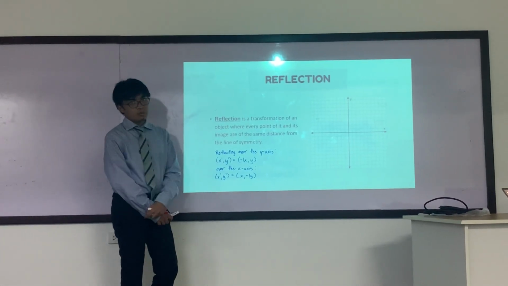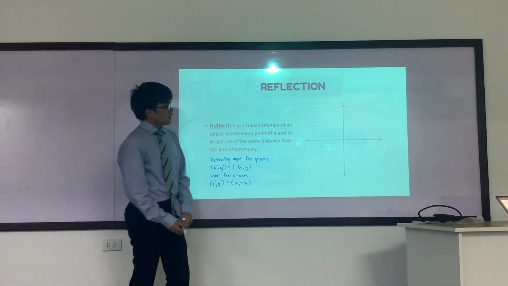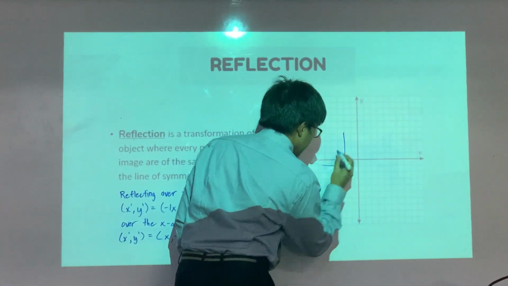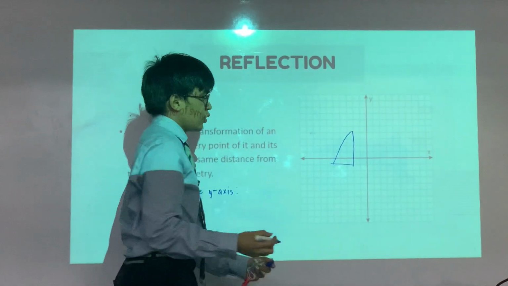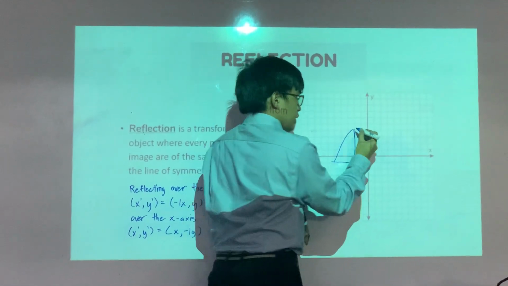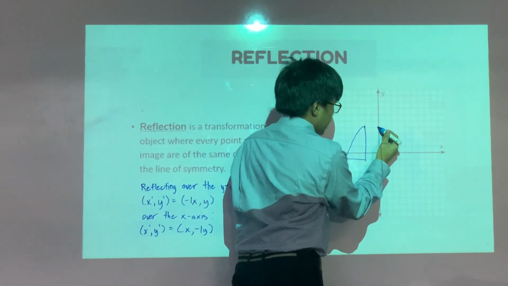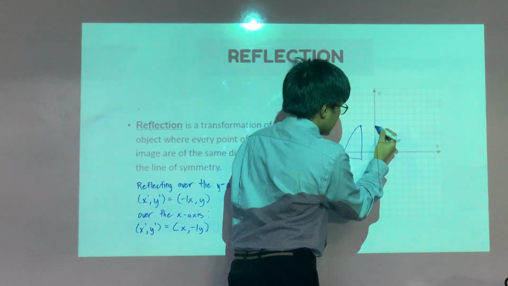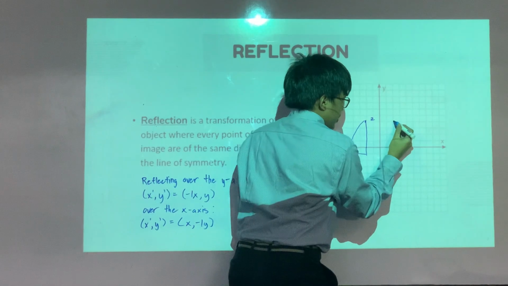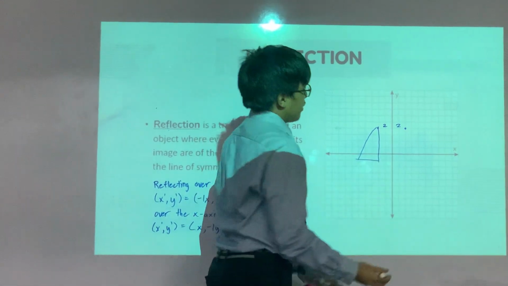Reflection is a transformation of an object where every point of it and its image are the same distance from the line of symmetry. Let's say, for example, we have this right triangle, which we will reflect over the y-axis. So counting the distance from this point to the origin, or rather the y-axis, there are 2 units in between, so we put this point also 2 units on the opposite side.